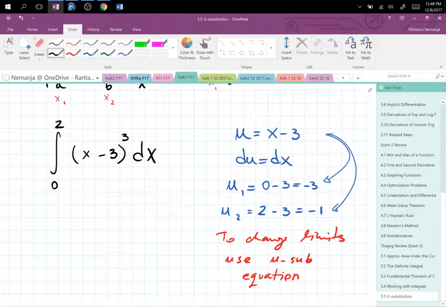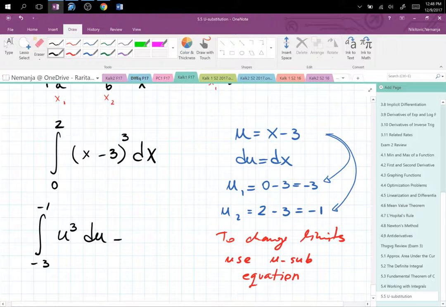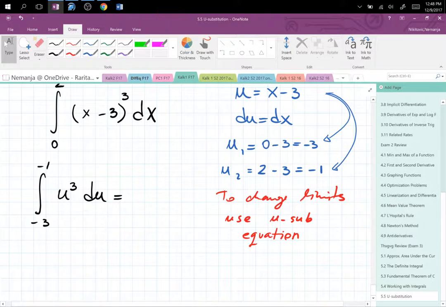Great. My new integral has the 0 changed to negative 3, and the 2 changed into a negative 1. I have u cubed du. This is just a definite integral, and everything is in terms of u, including the limits.